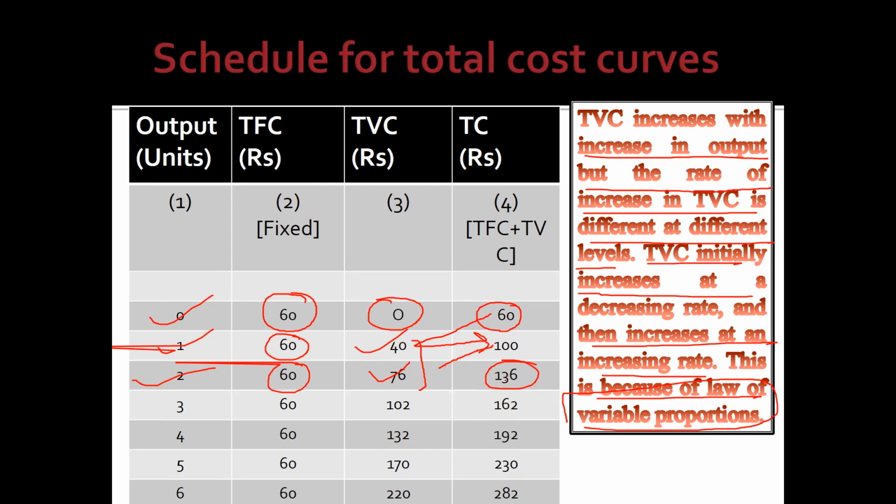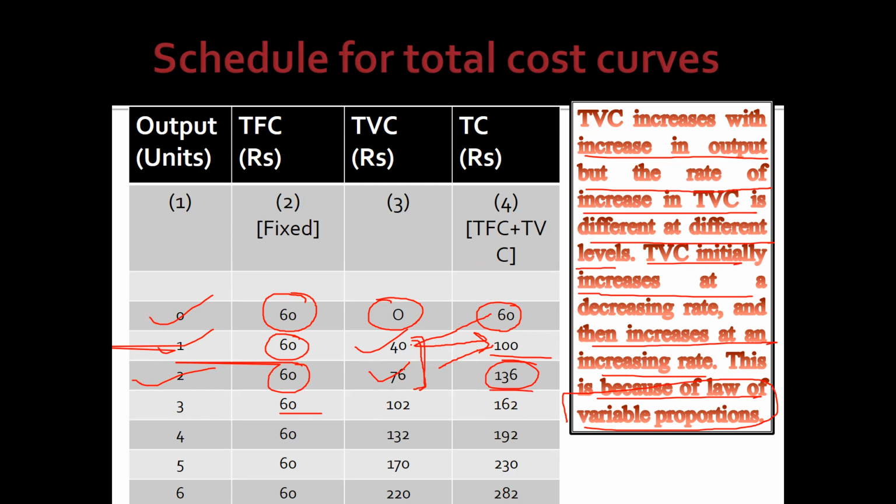Some number corrections are required here, because 60 plus 40 is 100, and 60 plus 76 is 136.